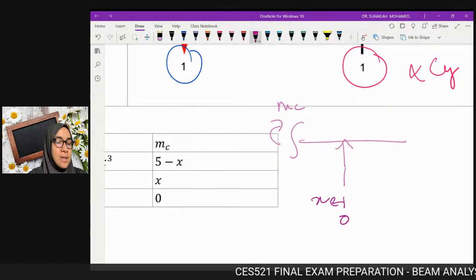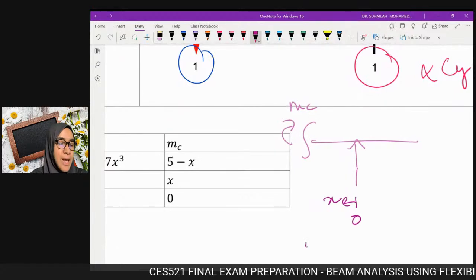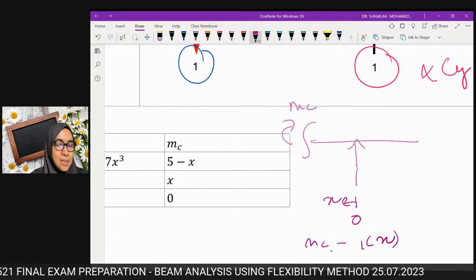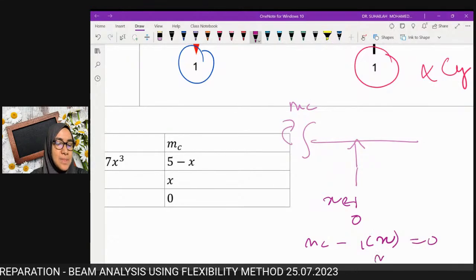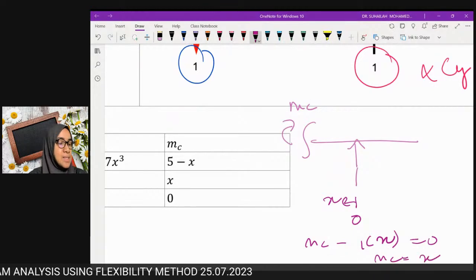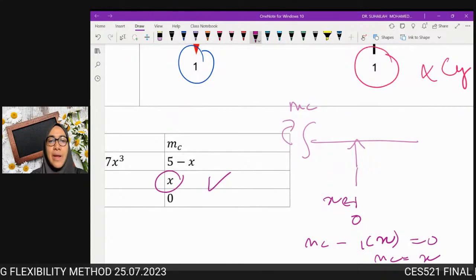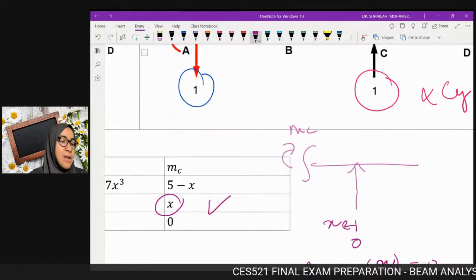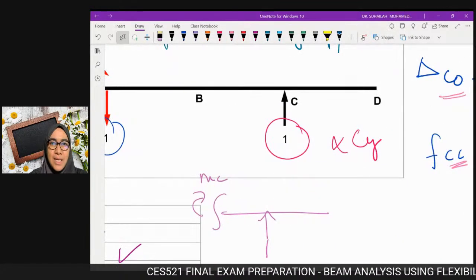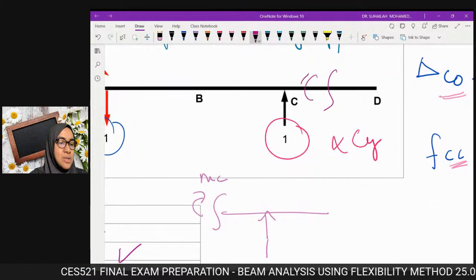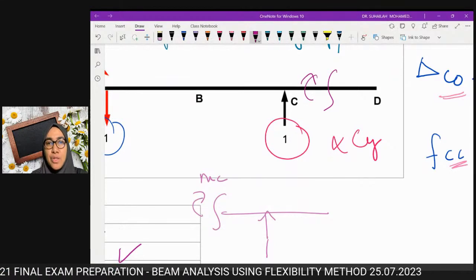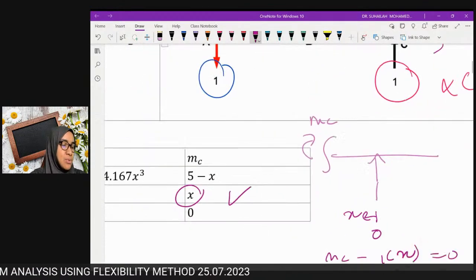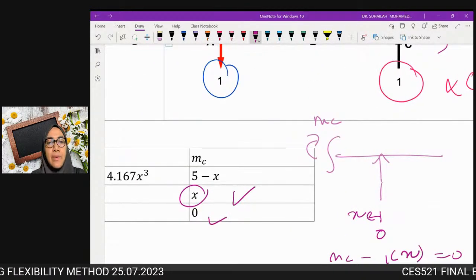Means that the moment equation is MC minus 1 times X. So we get MC is equal to X. This is correct. And for CD, we cut the section like this. So the moment equation is 0. So this one is also correct.